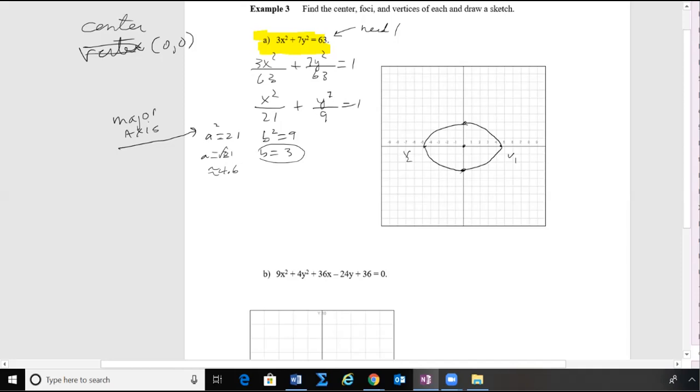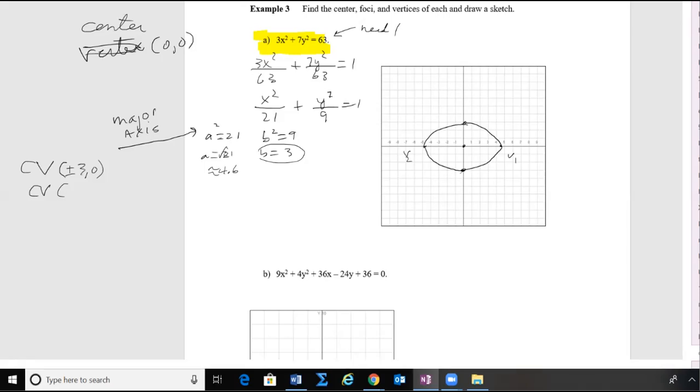Now, the only thing that I didn't put on here, and we can list, of course, are the vertices. In this case, easy to just write plus or minus 3, 0. And the co-vertices. Oops, I'm sorry. That was the co-vertices.